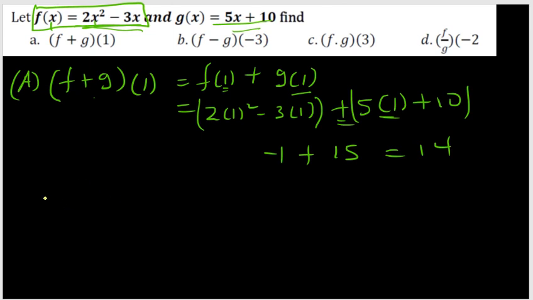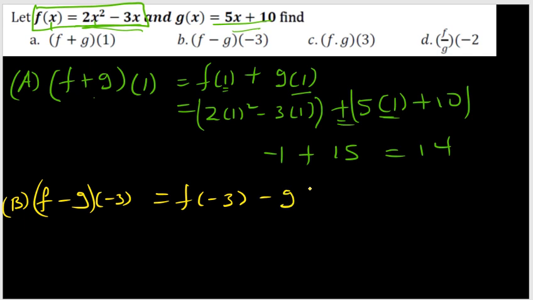Second one, f minus g, that's B, (f minus g) at negative 3. Again we can expand this: f at negative 3 minus g at negative 3. F at negative 3 means, let us insert in place of x, 2 times negative 3 squared minus 3 times negative 3.